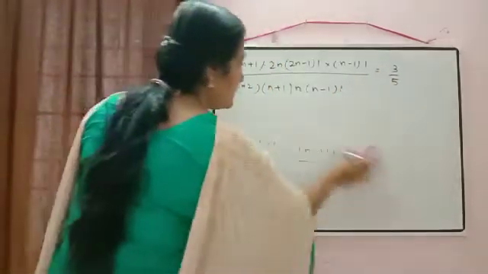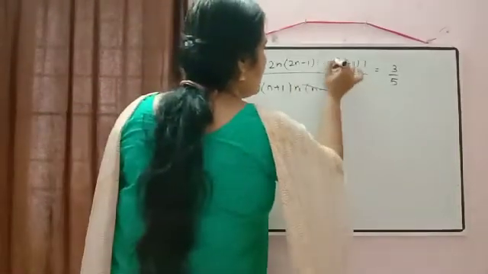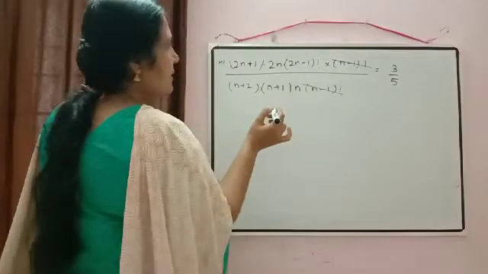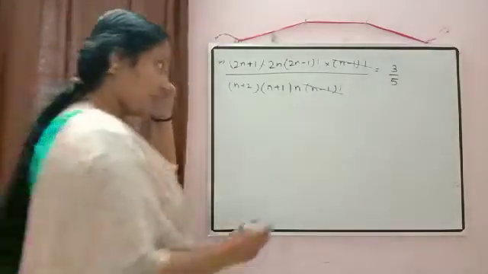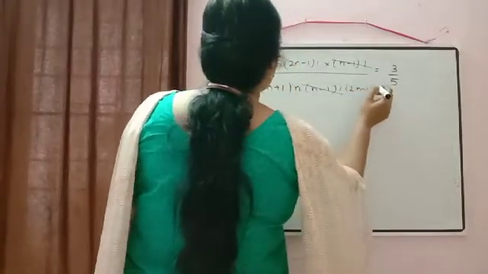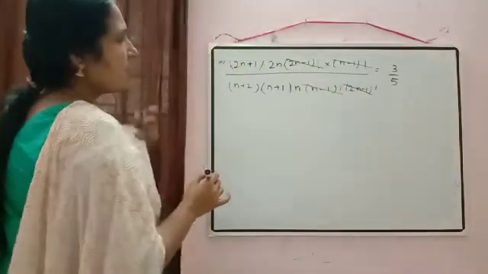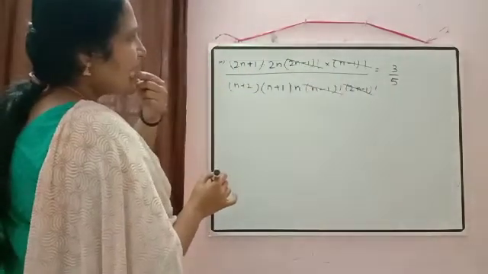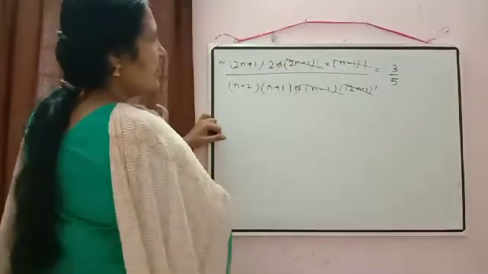Now what things will get cancelled? We can check here. (n-1) factorial will get cancelled. Then (2n-1) factorial, I think not written here, it was there, that also will get cancelled. Remaining, n and n also will get cancelled.